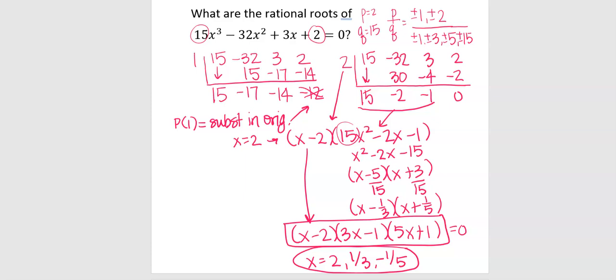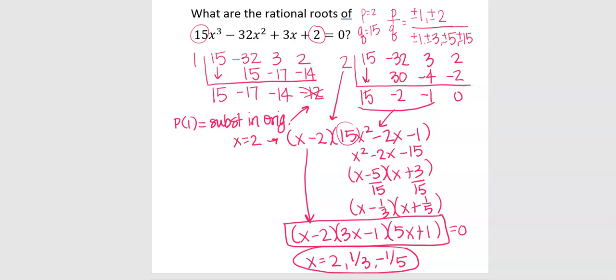If we wanted, because I still don't get how you get the p's and the q's. Like I get 2 and 15. Is it just finding factors of 15 that add up, or factors of 2 that add up to 15? No, they have nothing to do with each other. This top number is factors of 2. The only numbers that make 2 are 1 and 2, but you can have either sign.